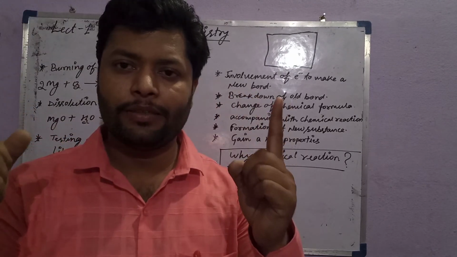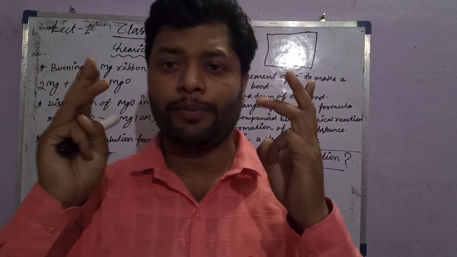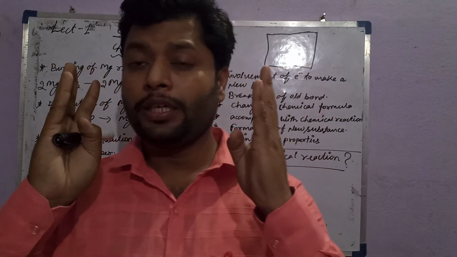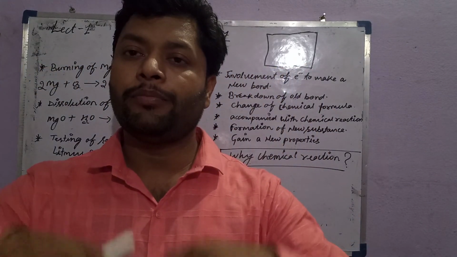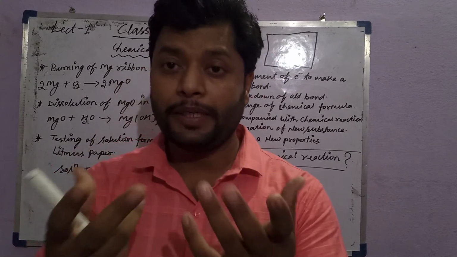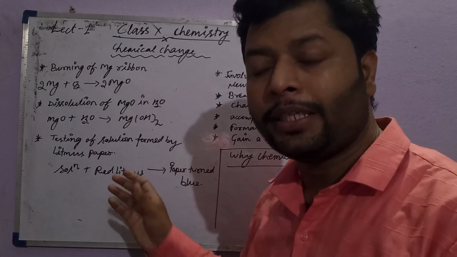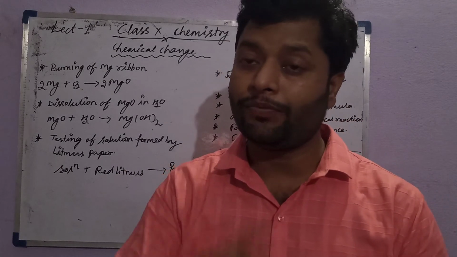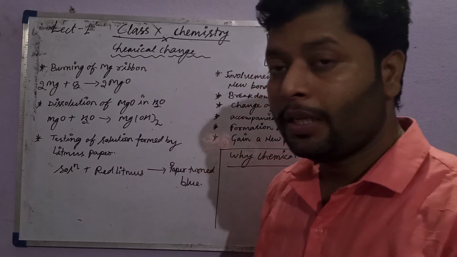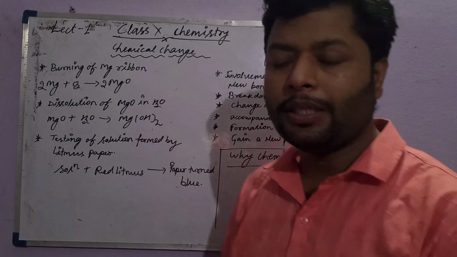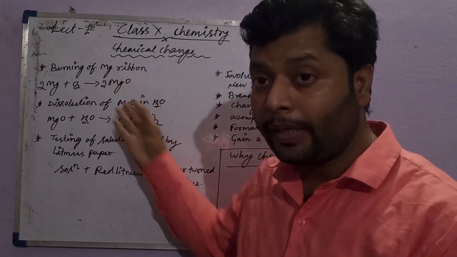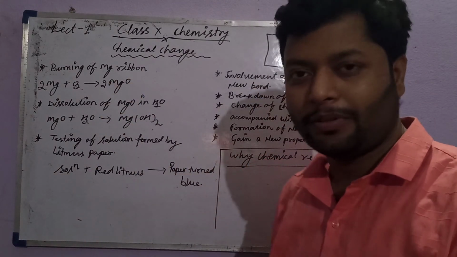Electron involvement, breakdown of the bond, formation of a new bond, a chemical reaction should be there, some formula will be formed, some property will be gained. All these things can be tested by the activity given in the NCERT, the first activity in your chapter, the burning of magnesium ribbon. Because there is a new substance, that's why the red litmus paper turns blue.